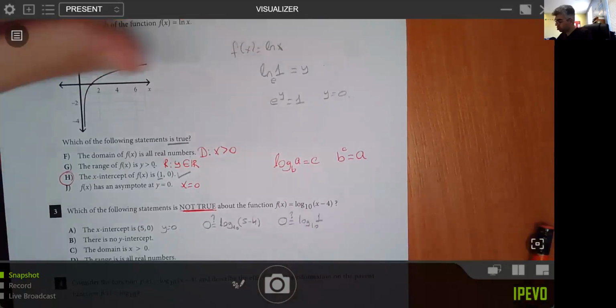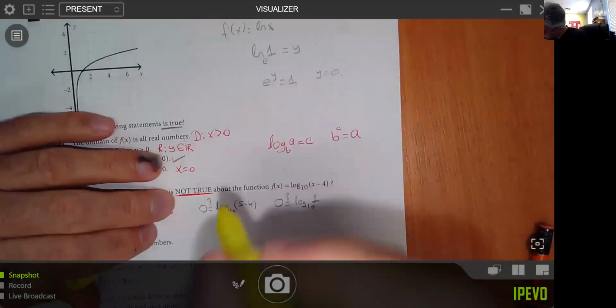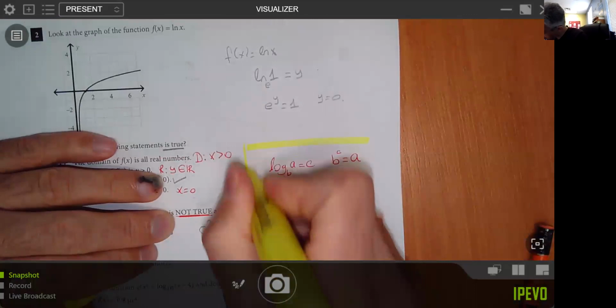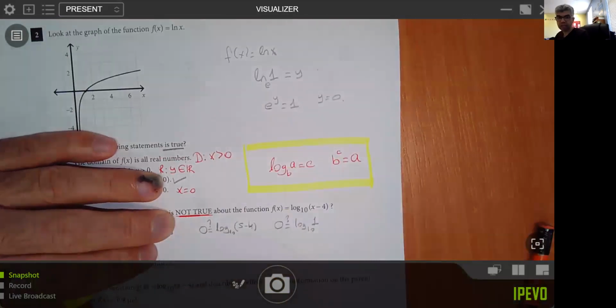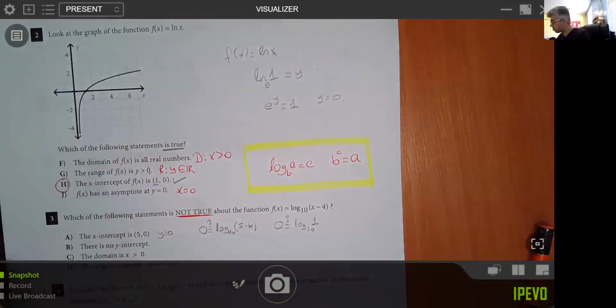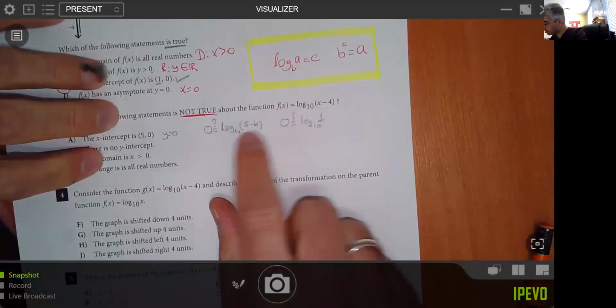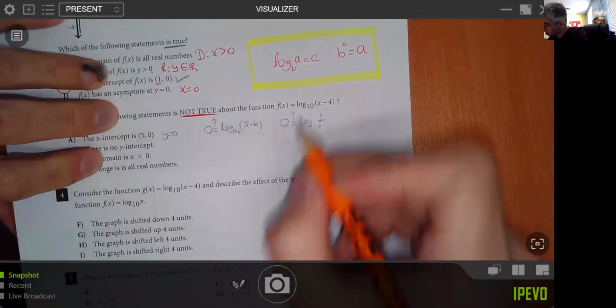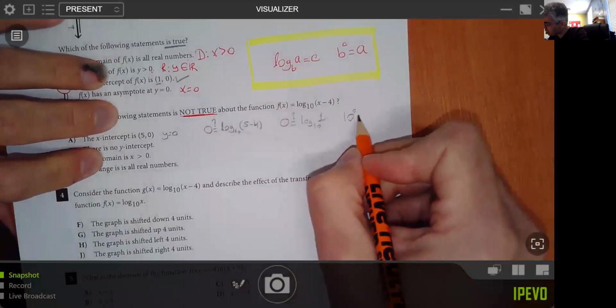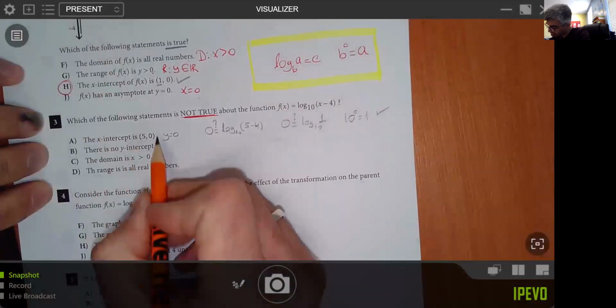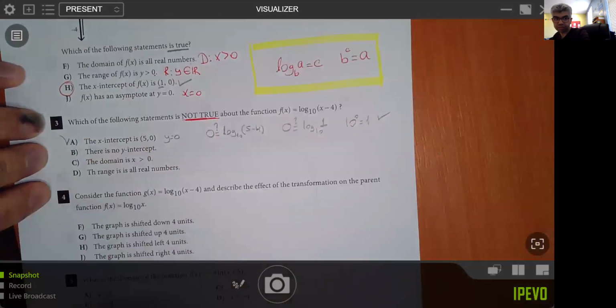We always use this conversion between logarithmic and exponential functions. We never forget this. And here, by the way, we use this one. From this, 10 to the power of 0 is 1. Yes, it is true. So this one is true.